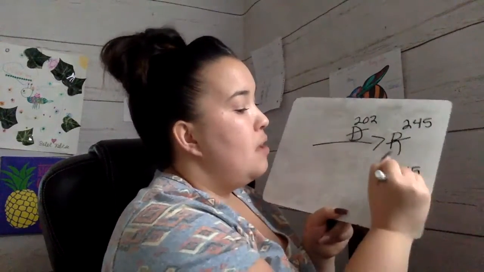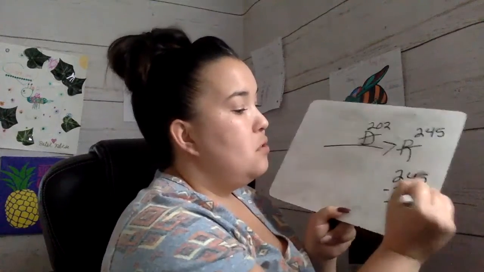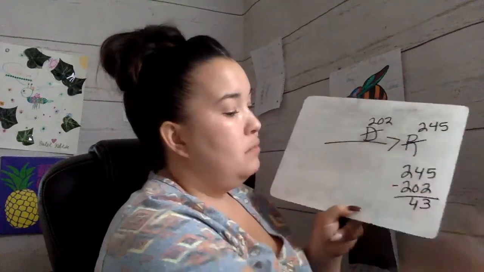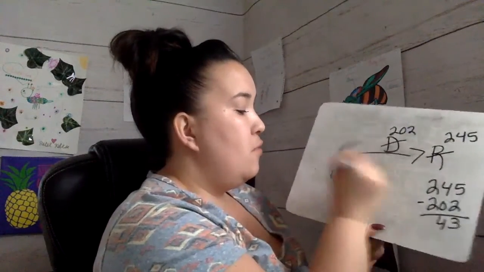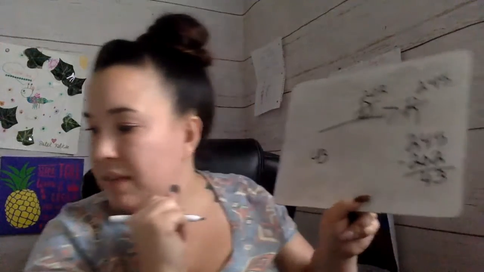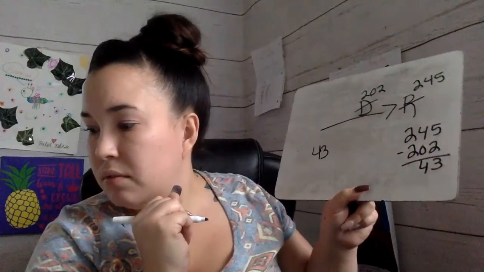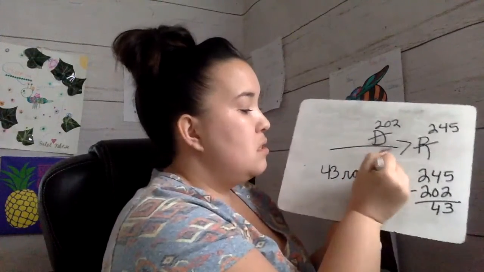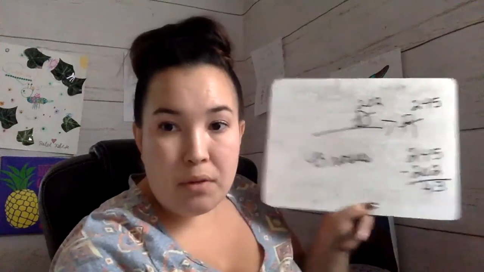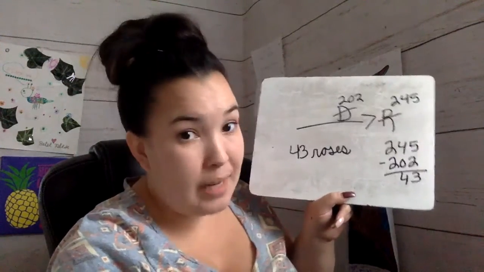Subtract. 245 minus 202, that's 3, 4, 43. So there are 43 more roses than daisies. Got it? Perfect.